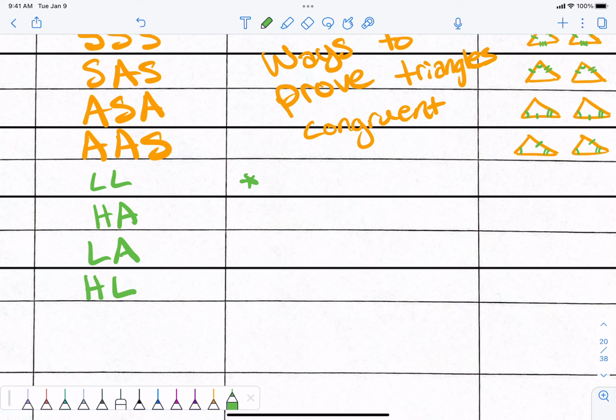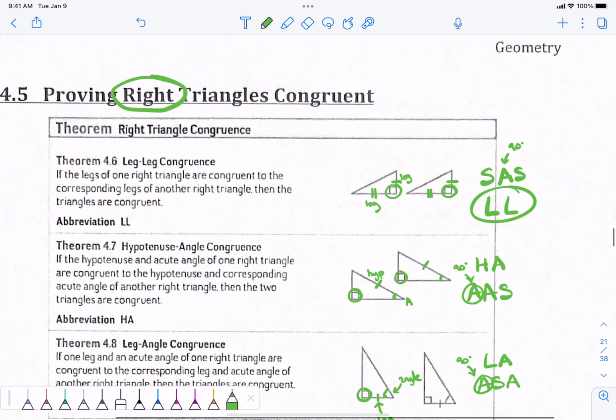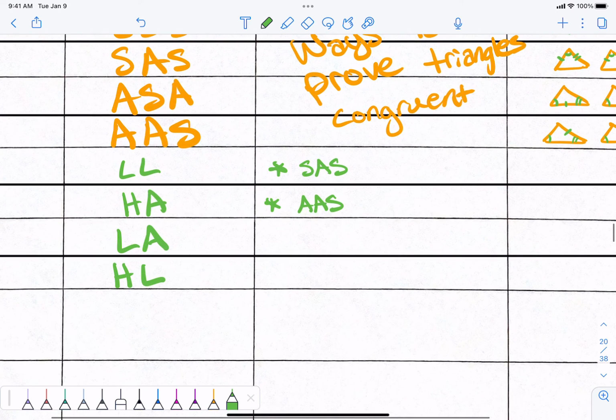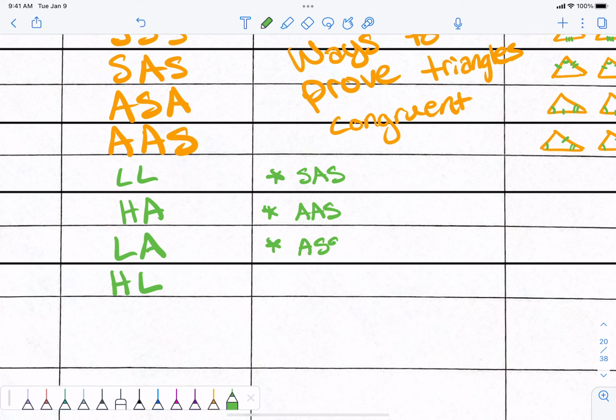Side angle side. Yep, side angle side. HA was angle, angle, side. LA is angle side angle. And HL is angle side side.